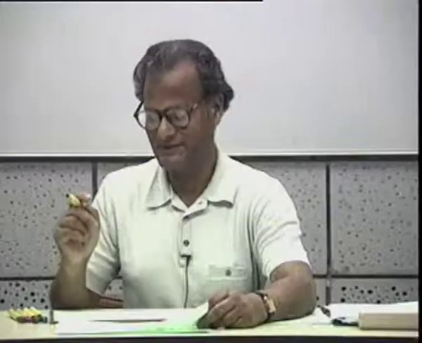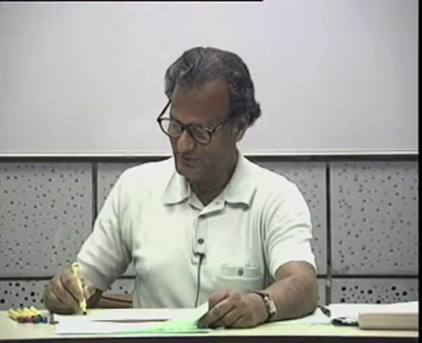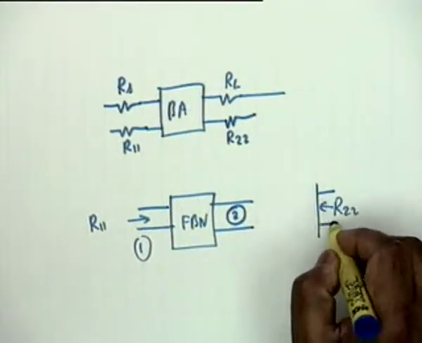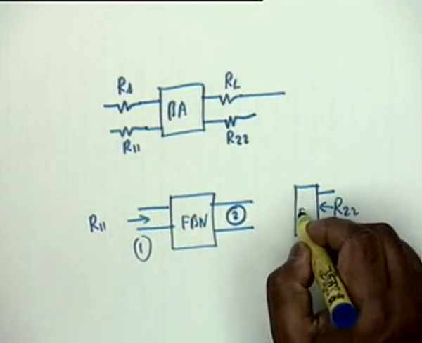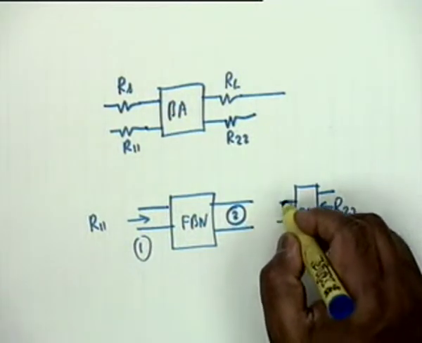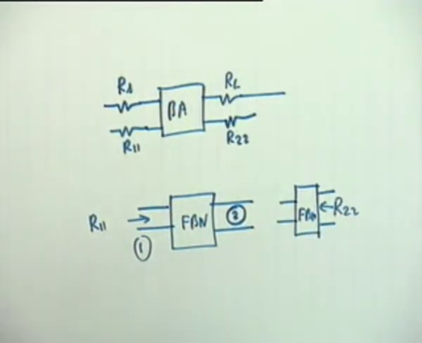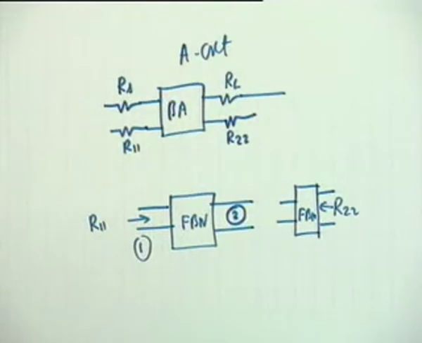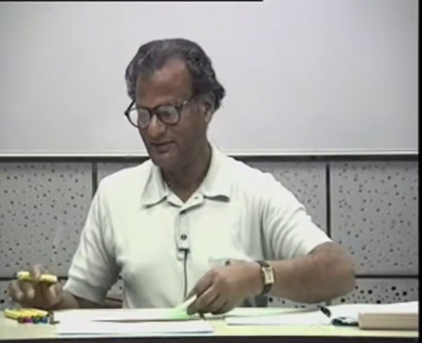Why? Because it is a series connection. And R22 similarly shall be the impedance measured at port 2 with port 1 open. All right. So we have identified the A circuit and the beta circuit.